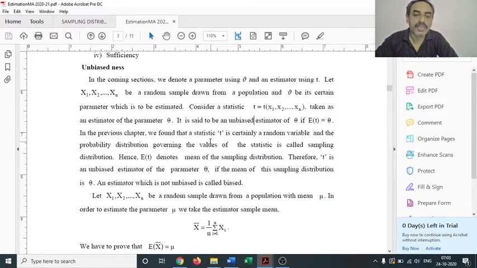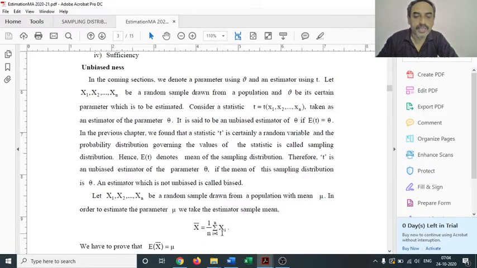Now let us consider an example to examine this unbiasedness property. Here we propose an estimator x bar to estimate the population mean mu. So x bar is the sample mean and mu is the population mean.